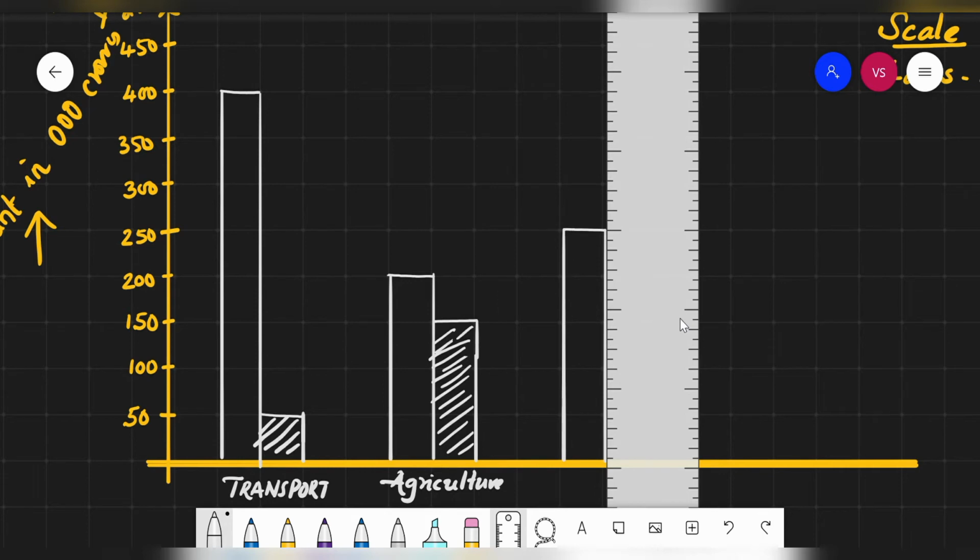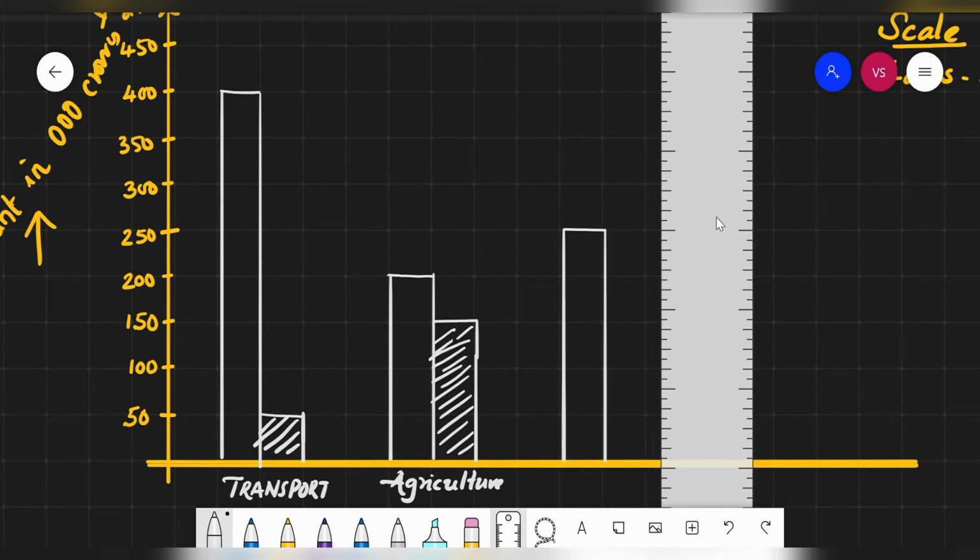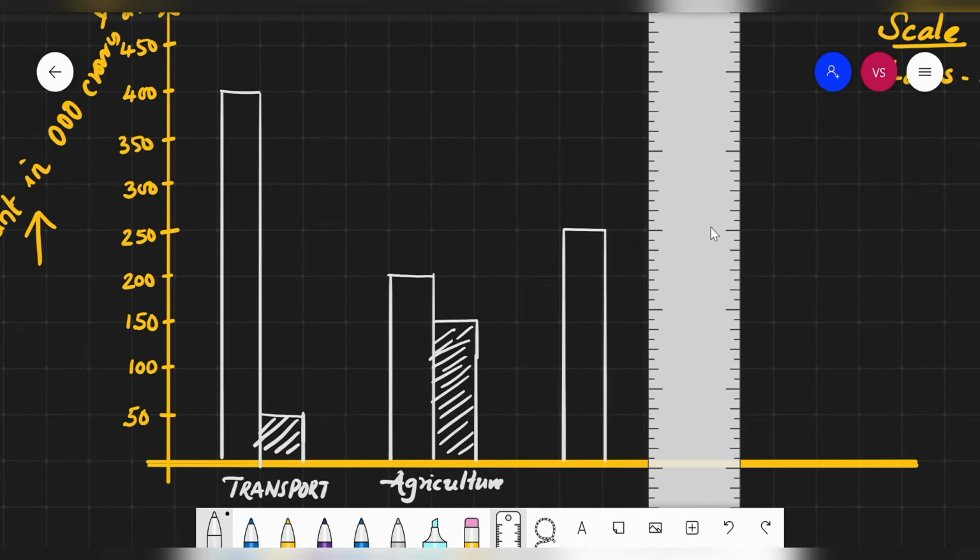Right. Next, for the same, for education, the state government has given 350. Wow, great. State government has given more, 350. So that means this bar will be extended till here.